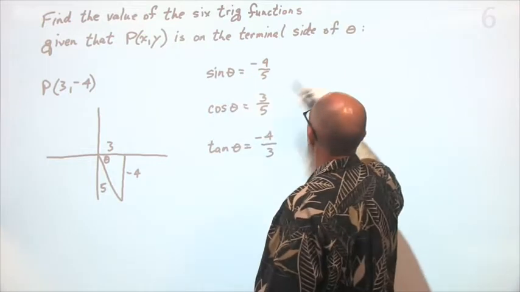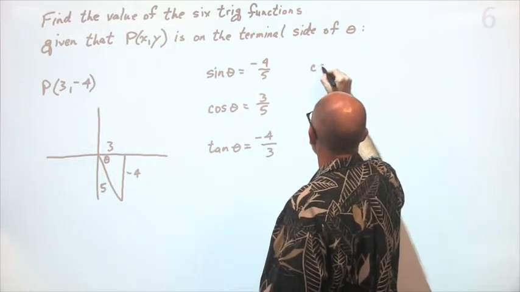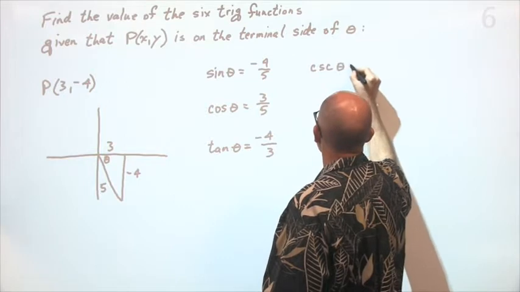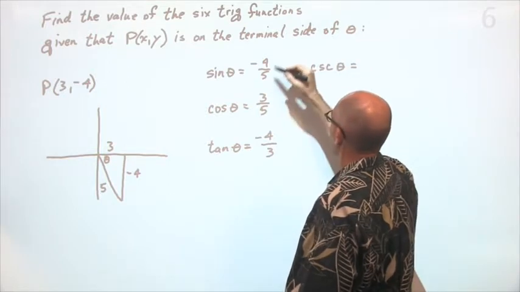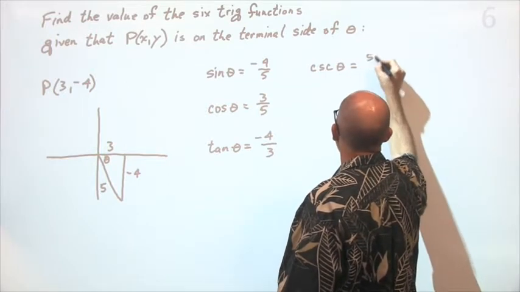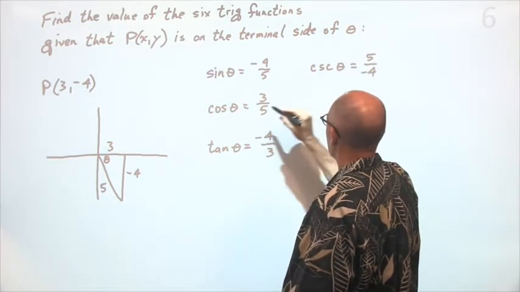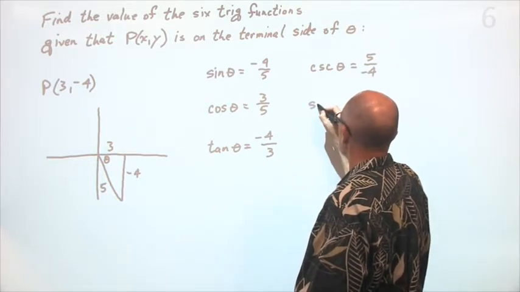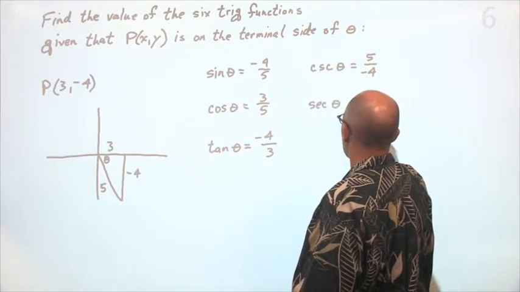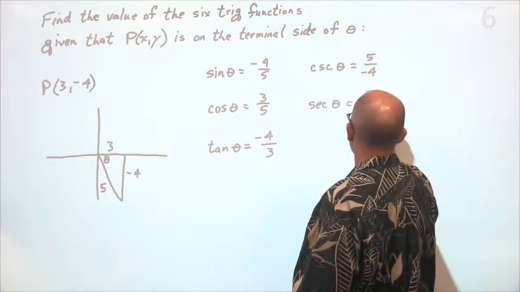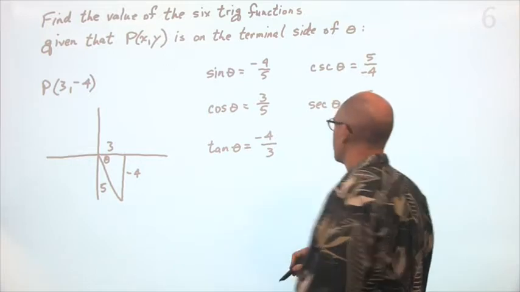So reciprocal of sine is cosecant. And that's going to be the reciprocal, so it becomes 5/4. And then the reciprocal of cosine is secant, which the reciprocal of 3/5 is 5/3.